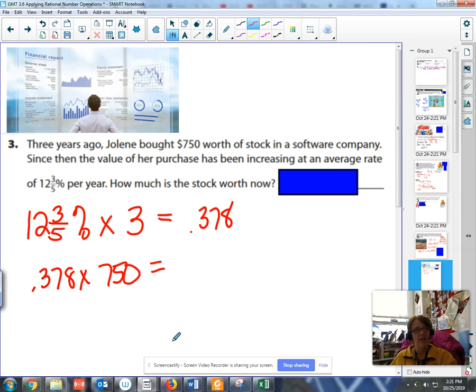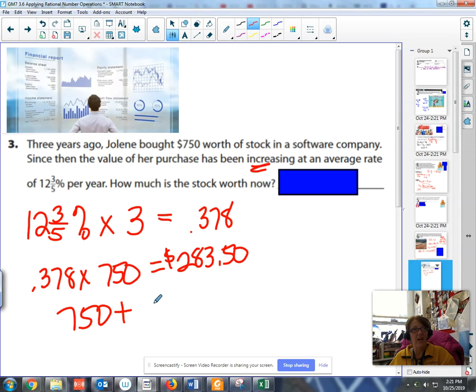So take that times that, and instead of flipping flopping back and forth, I'm just going to do it here and you follow along at home. That'll go better. $283.50. Sweet. So then that's how much it increased. Okay, that's the increase. What is it worth now?